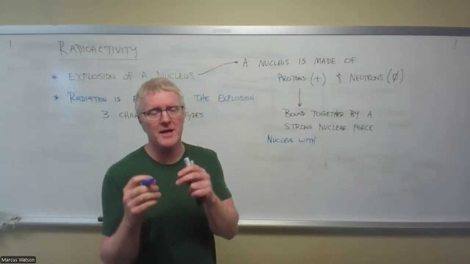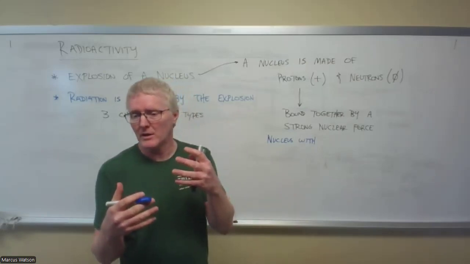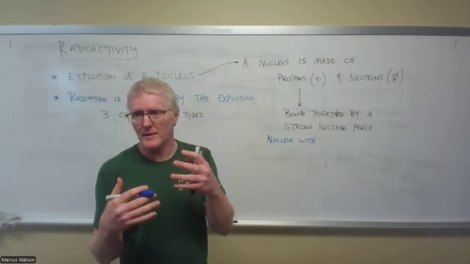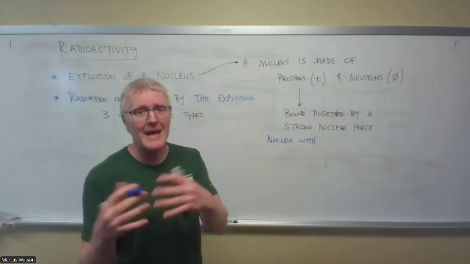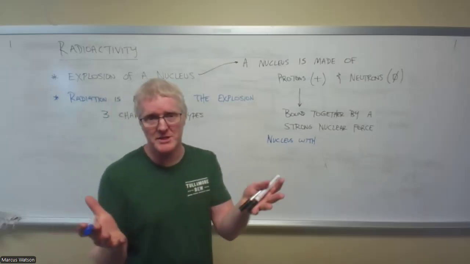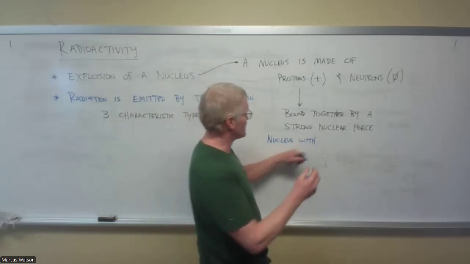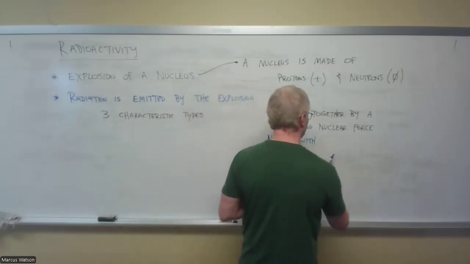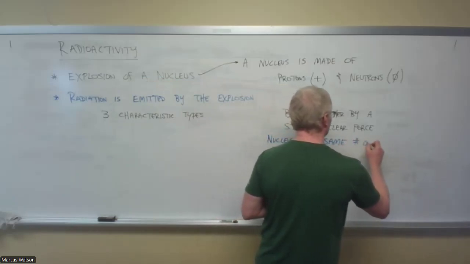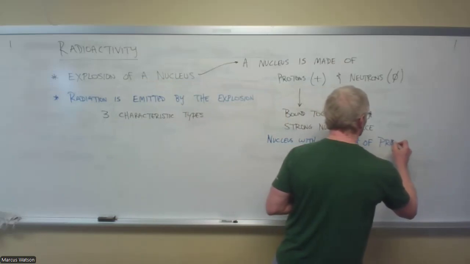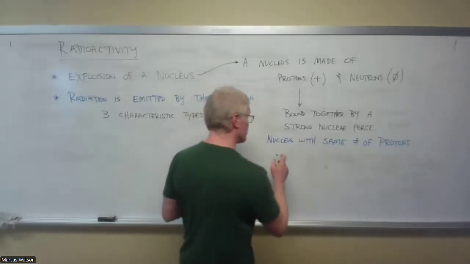It does affect the radioactivity of it, and ultimately the fate of what the nucleus might become. But chemically, carbon-14 acts just like carbon-12. So a nucleus with the same proton number but different numbers of neutrons.